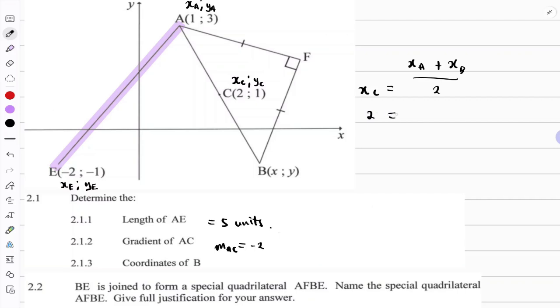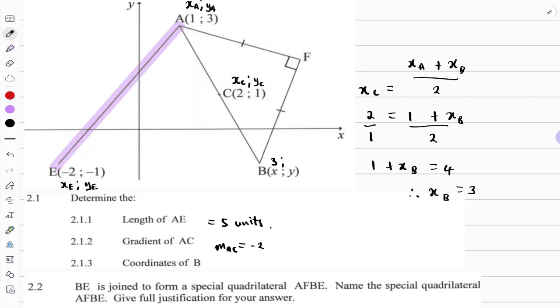So we can say 2 is equal to XA, which is 1, plus XB all over 2. But 2 can be seen as 2 over 1. So now we can cross multiply. So this is 1 plus XB is equal to 4. Therefore, XB should be equal to 3. So the x coordinate of B is 3.